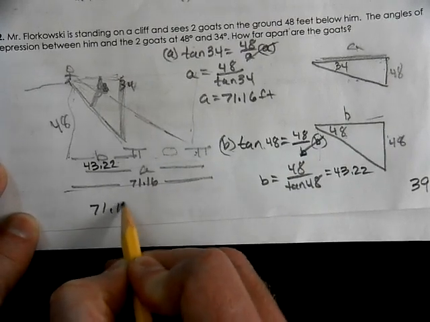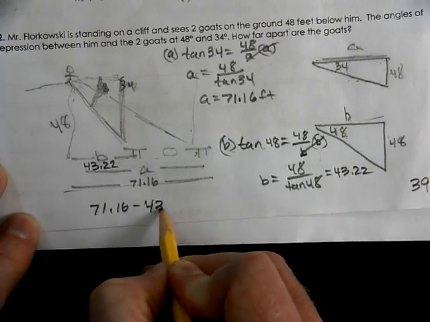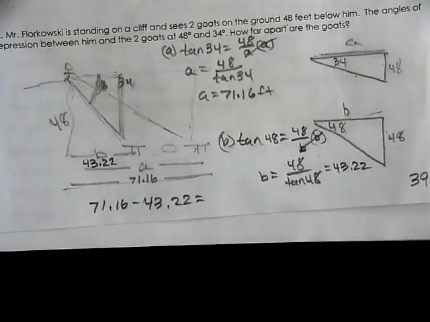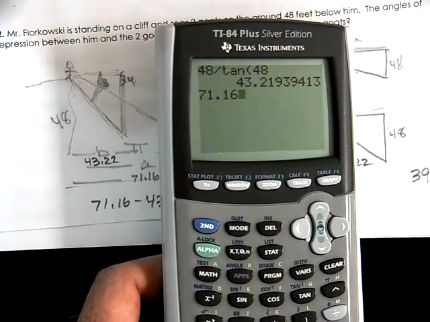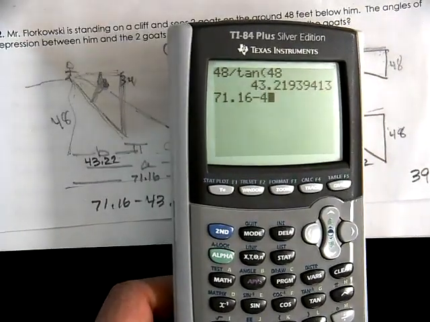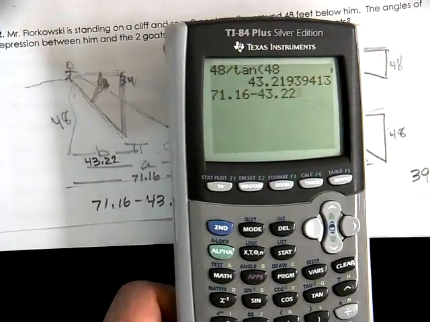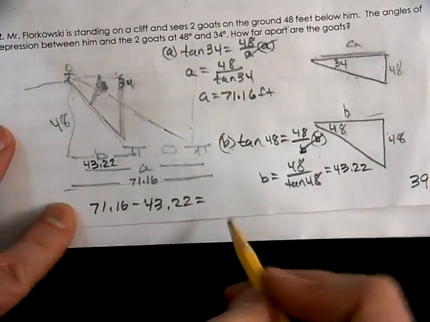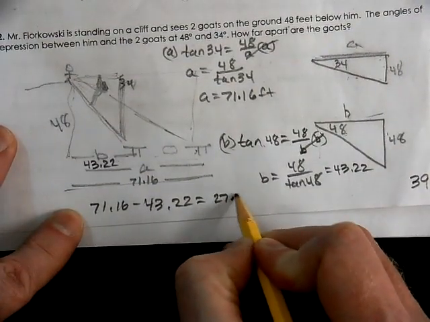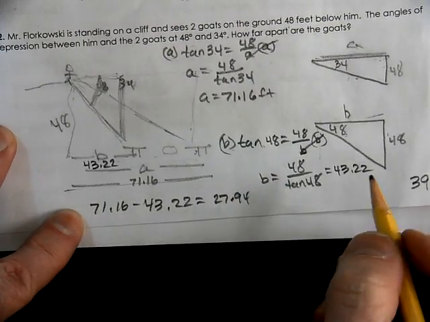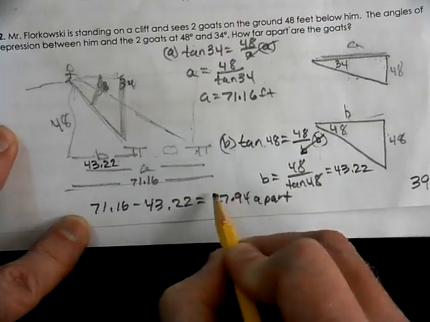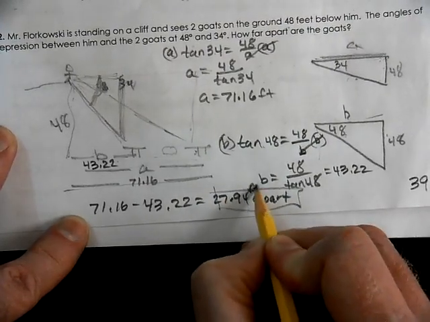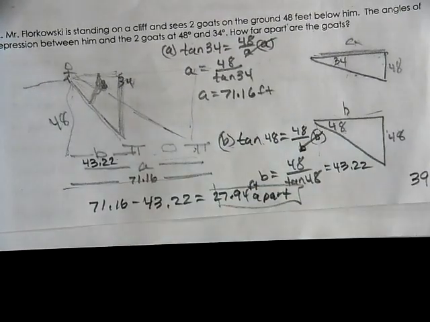We need to take 71.16 minus our 43.22, which gives us 27.94 apart. That's how far they are apart, and those are feet. Good luck, everybody.